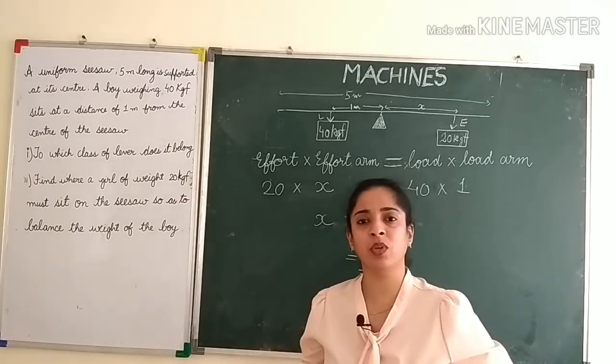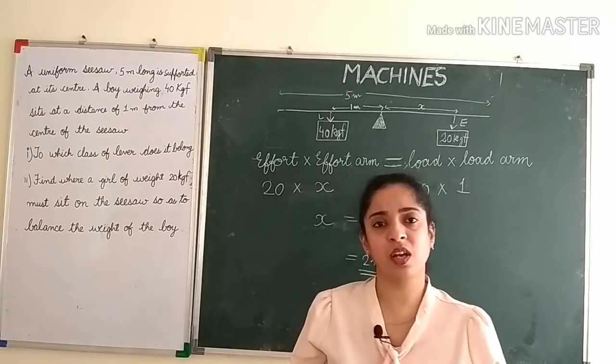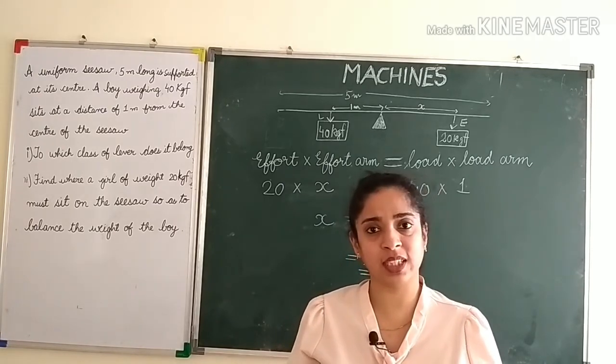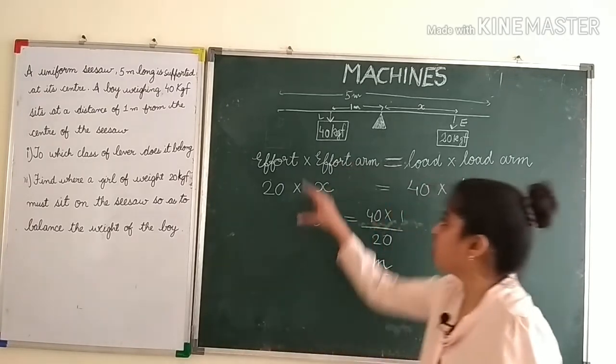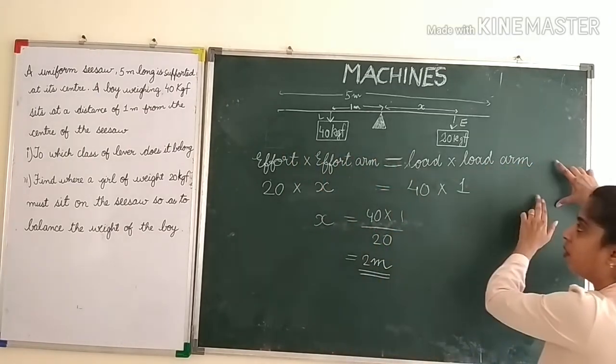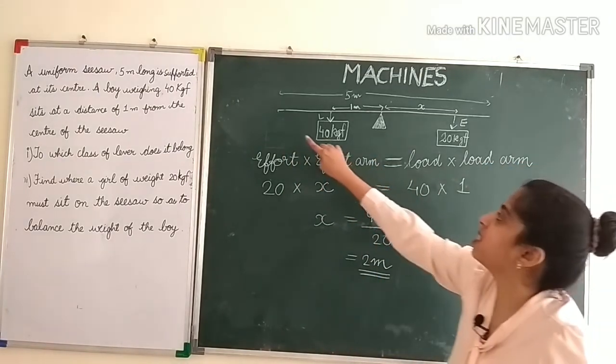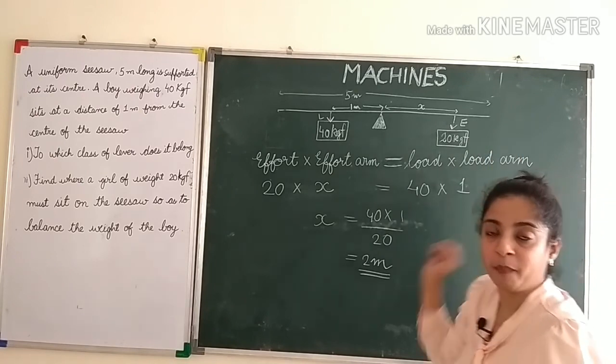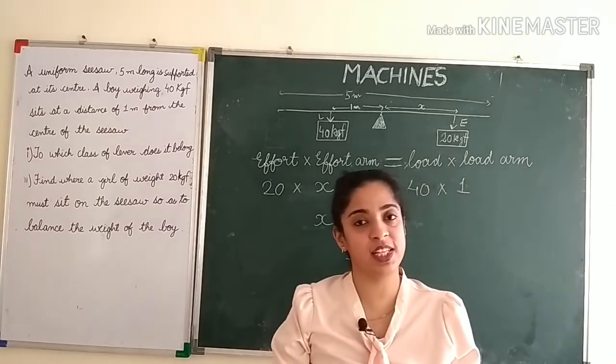From this part only this type of question comes, which are generally very easy in board exams. So don't panic, just follow this rule, effort into effort arm is load into load arm, and substitute everything here. You will be able to solve very easily.